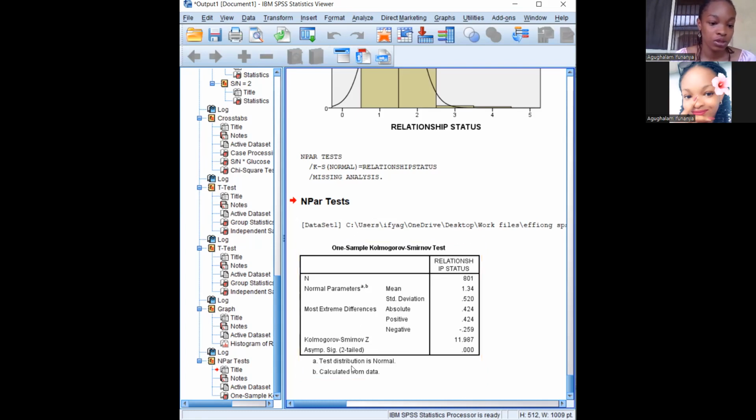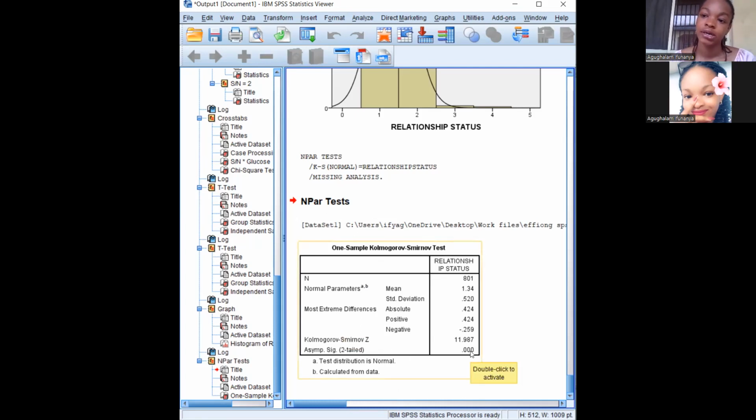Now, if you look below, you see "Test distribution is Normal" and "Calculated from data." The A is the assumption that our distribution is from a normal distribution, and the B is telling you what SPSS calculated from the data. Our Kolmogorov-Smirnov value is 11.987, and our asymptotic significance is less than 0.005.